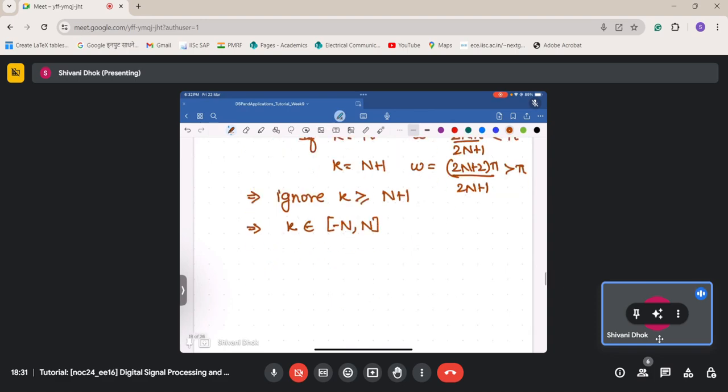Now if my k belongs to minus n to n, the number of values that k can take is simply the cardinality of this set, which is 2n plus 1.